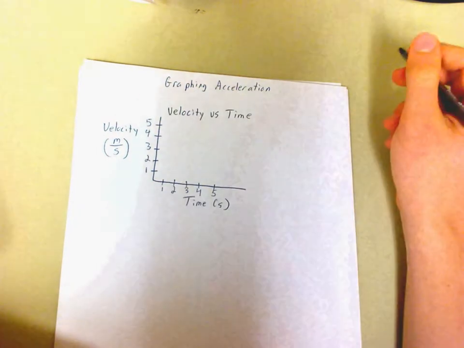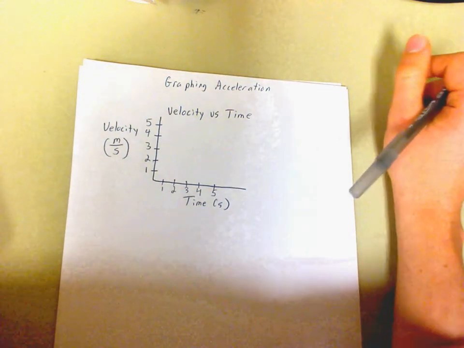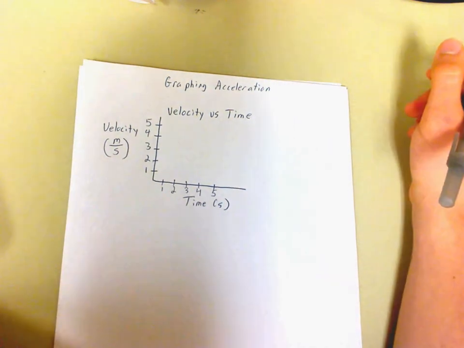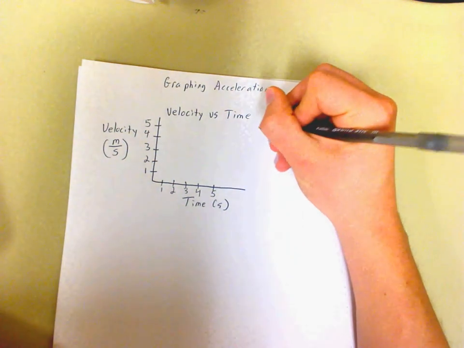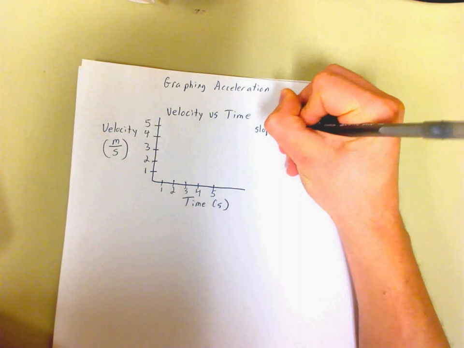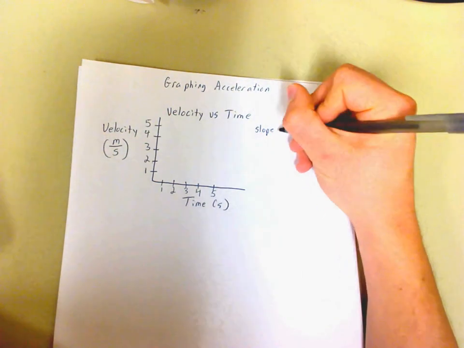Now, one of the major questions that I ask and that is important is, what does the slope represent? Our slope is our rise over our run, like we've mentioned time and again, and we'll continue to do so.